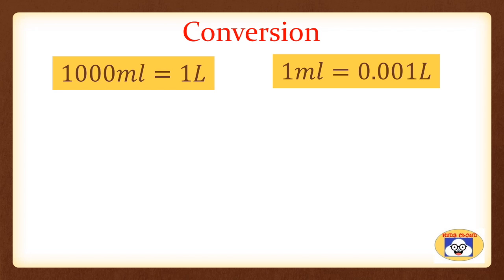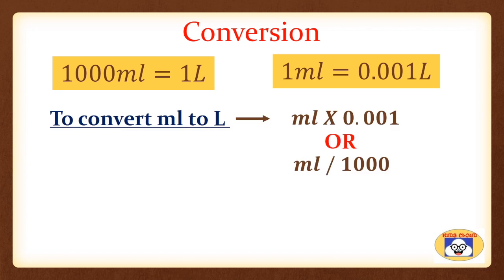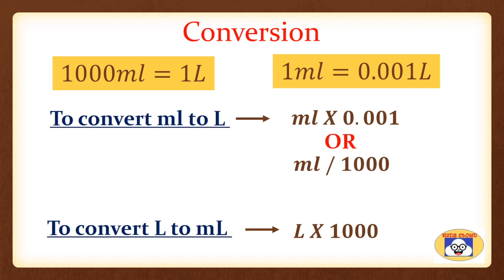To convert milliliter to liter, multiply the ml value by 0.001 or divide the ml value by 1000. Likewise, to convert liter to ml, multiply the L value by 1000, as 1 liter equals 1000 ml.